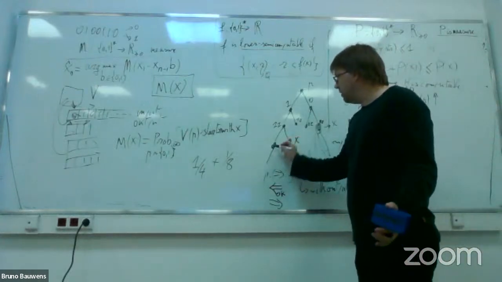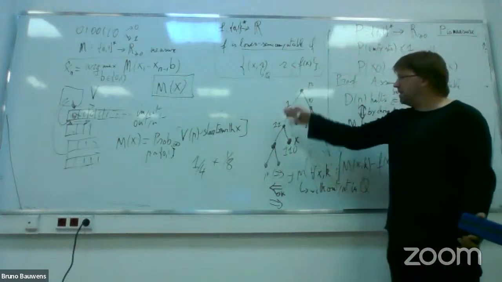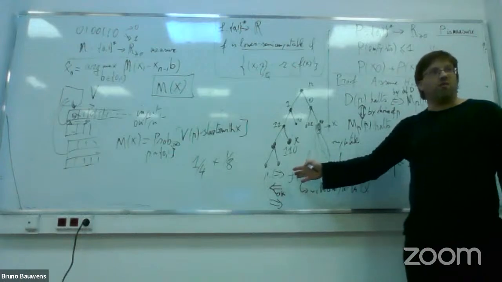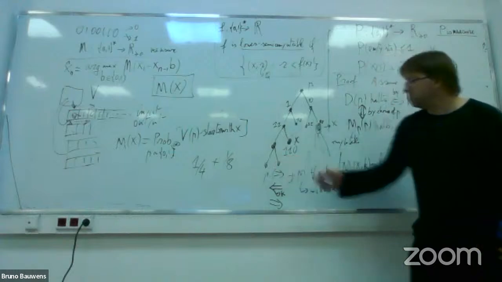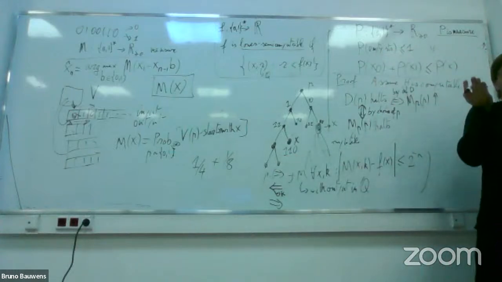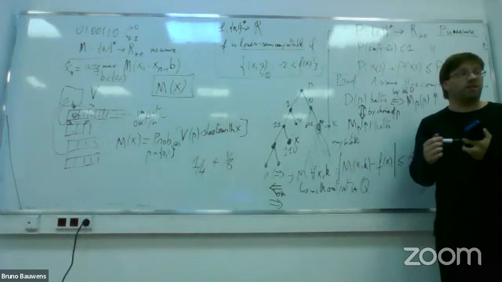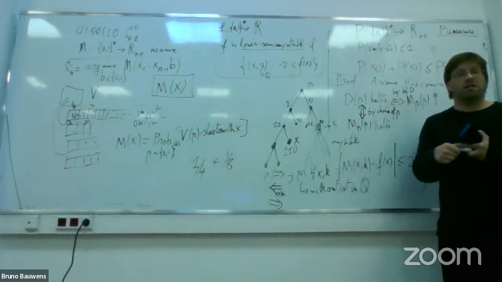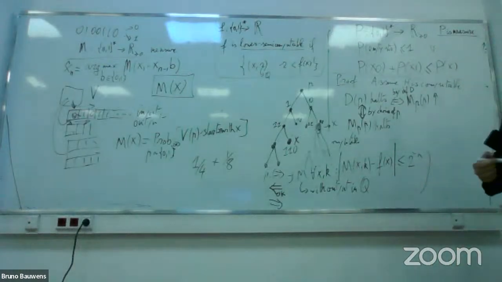And so we go over the tree, and each time we find a prefix-free set of initial programs, starts of programs that produce X. And so we approximate the probability of seeing X from below. So we can lower approximate this M of X. Okay, cool.